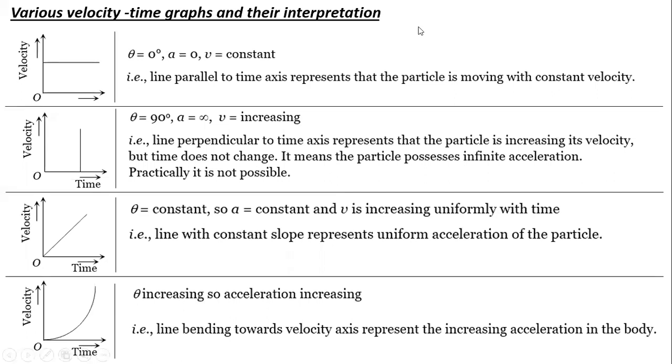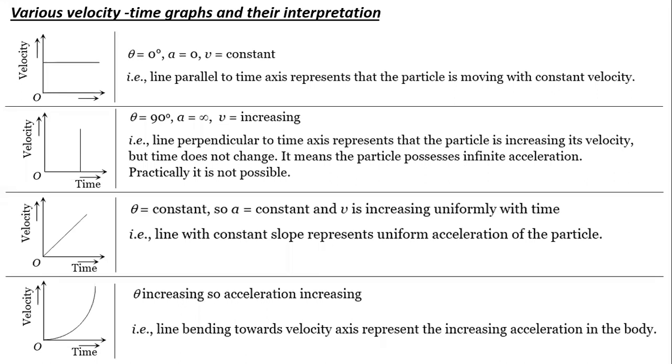Yes, Satvik, you're correct. So all four graphs are clear. The first was horizontal: uniform velocity, acceleration 0 because the angle was 0. Second, a perpendicular line, theta 90 degrees, acceleration infinite, which is not possible. Third was an inclined line at a constant angle, so acceleration is constant and velocity increases uniformly: uniform acceleration.